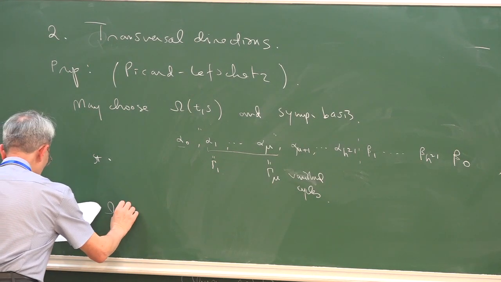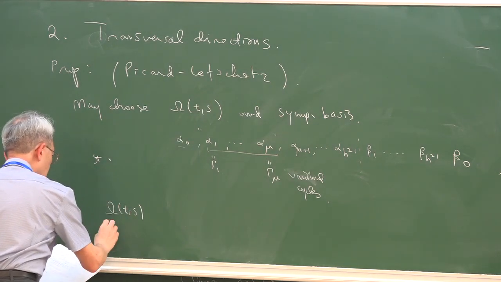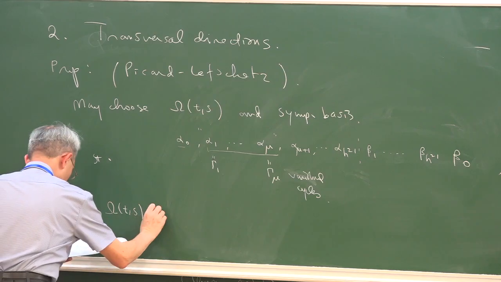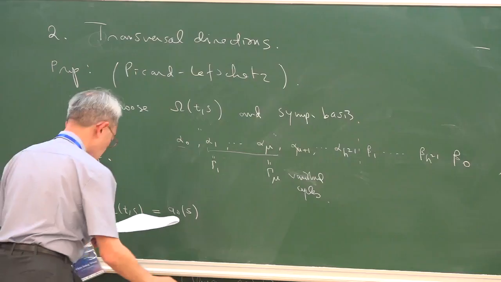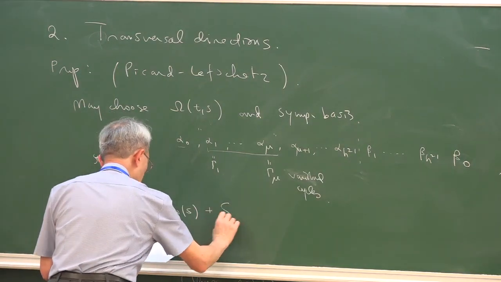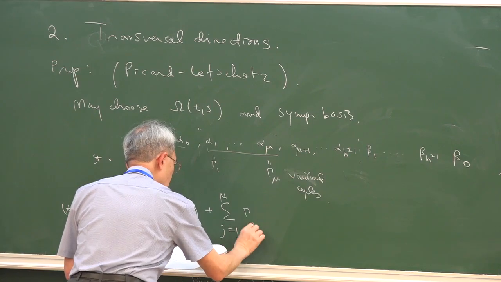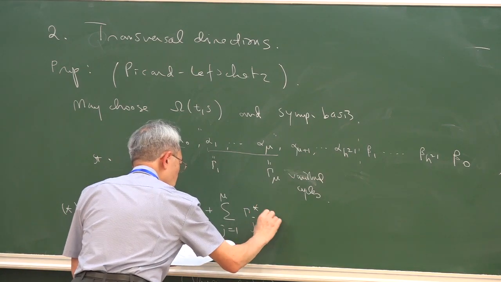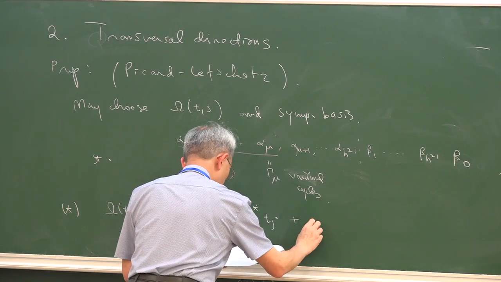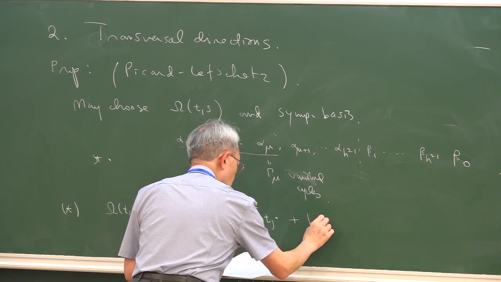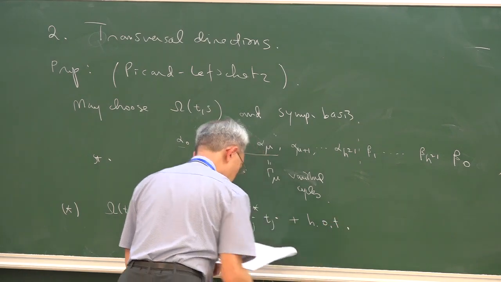Omega, the holomorphic 3 form, pick it up like this as an expansion: A0 x plus summation j from 1 to mu of gamma j star tj, and plus something holomorphic or higher order term. That's it. It's higher order term.